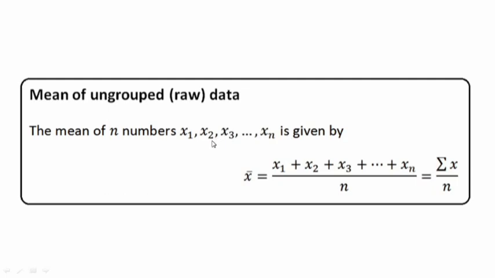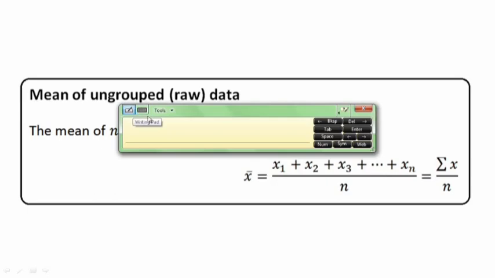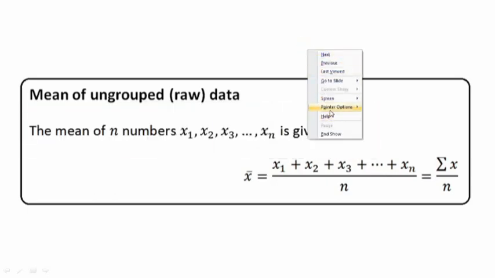And how do we find average? We find the average by adding all the observations and dividing by the number of observations. Instead of writing all this bigger stuff, this entire thing can be written in a small notation form. Let me use my pen.